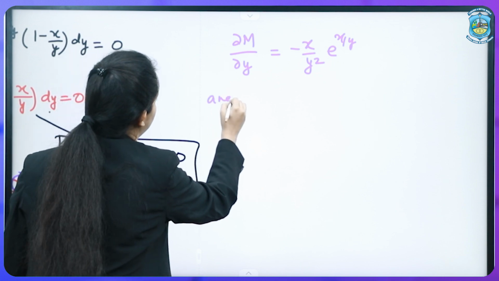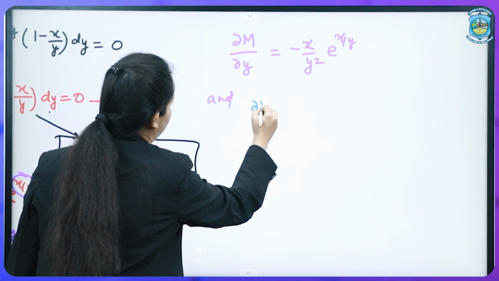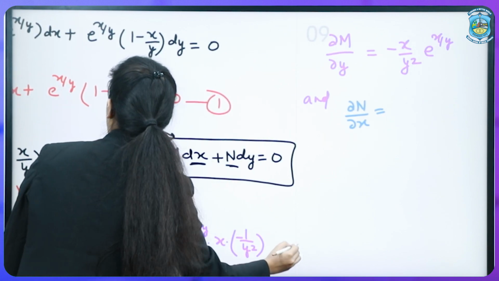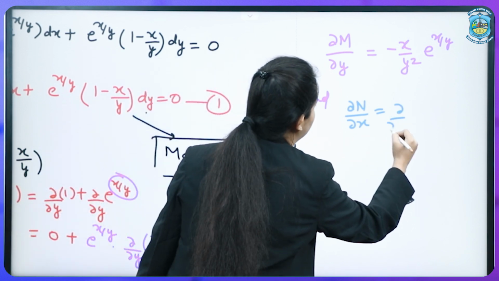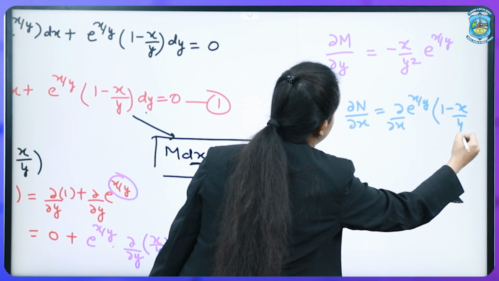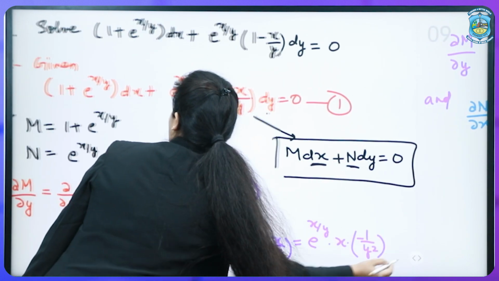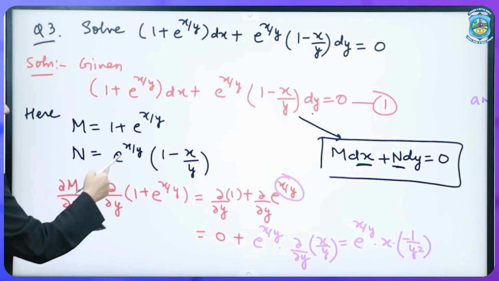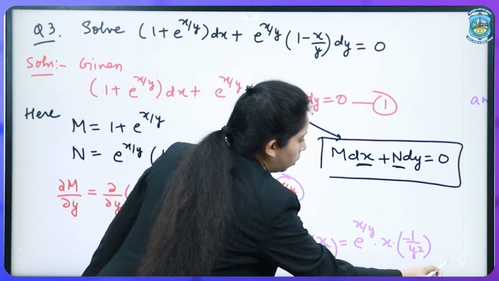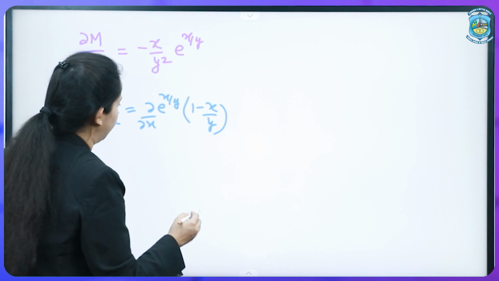And the next step is that you will have to differentiate N with respect to x. The value of N was e^(x/y) multiplied by (1 - x/y). So we are differentiating N on both sides with respect to x to check whether the given differential equation 1 is exact or not.